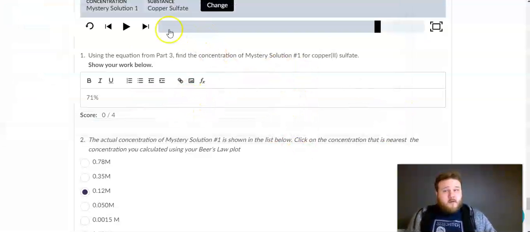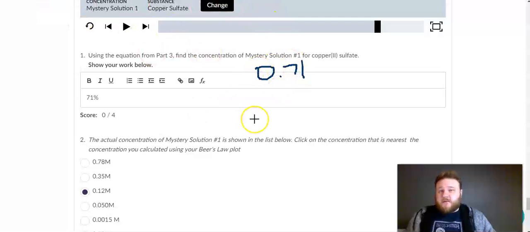What would my work look like? Well, let me show you. If I found my transmittance to be 0.71, that's my T, right?